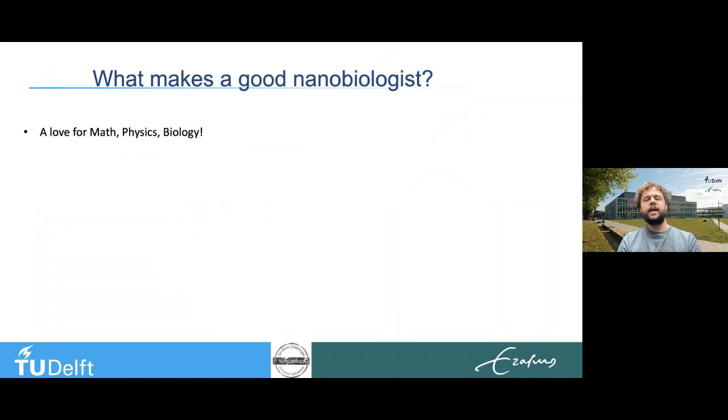So what makes a good nanobiologist? Well, you could have guessed a love for math, physics and biology. For Dutch students, you need the following VWO profiles: NG, in Dutch Natuur en Gezondheid, plus Physics and Mathematics B, or NT, in Dutch Natuur en Techniek, with additional subject Biology.